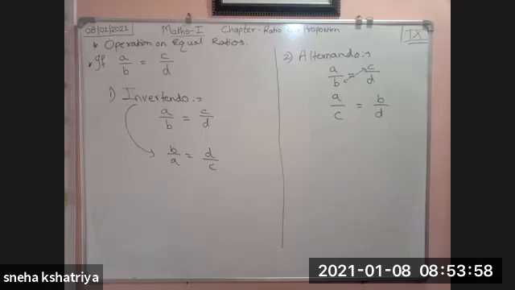So A upon B is equal to C upon D, then we can write A upon C is equal to B upon D.